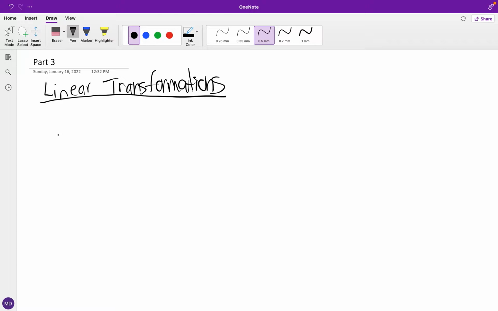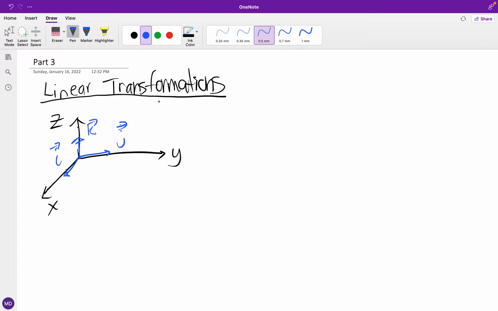So the first concept is just a notation concept. Suppose we have our axes here, x, y, and z. In high school, we use the notation i, j, and k for our unit vectors. But in linear algebra, we use the notation as follows.